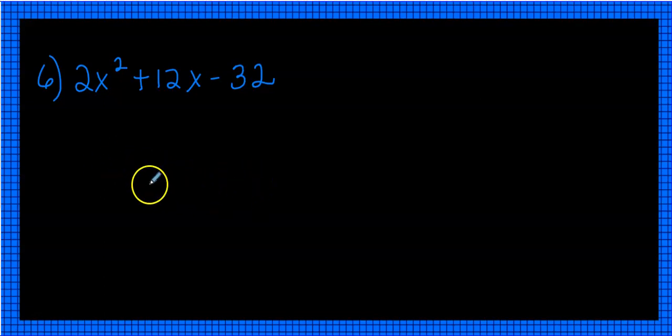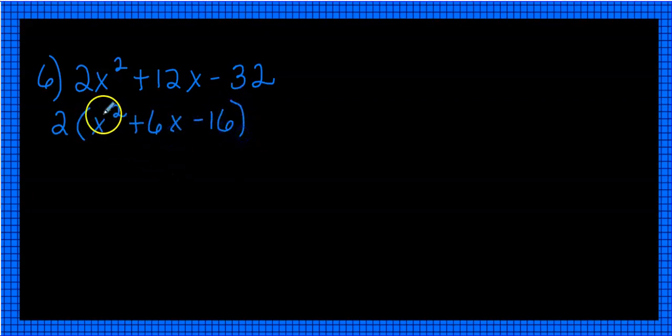All right, number 6, on first glance, it looks like this one has an a value that's not 1, so I'm going to have to use a different method to factor this. But if I look at it a little bit closer, I see that these coefficients are all even numbers. So that means I can take out a 2. And taking out a 2 as the greatest common factor leaves me a trinomial that has an a value that's 1.